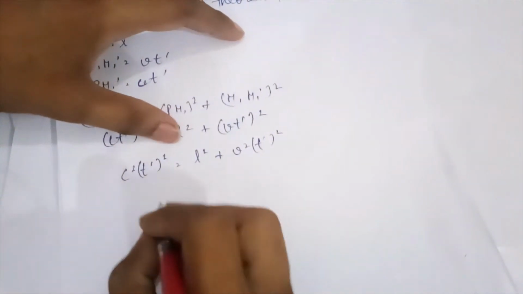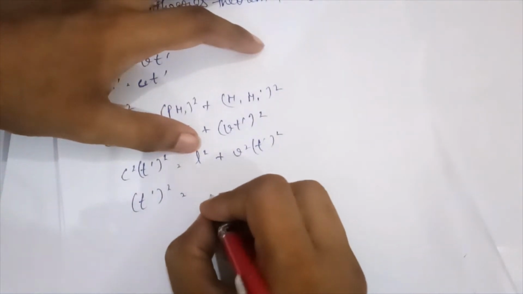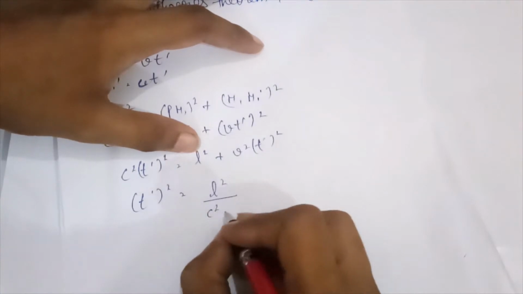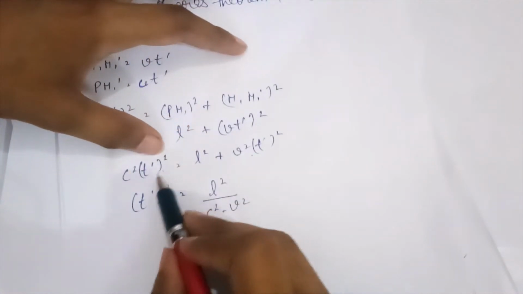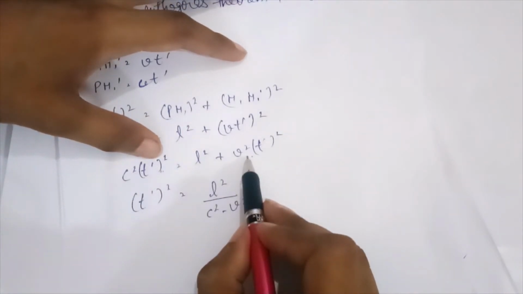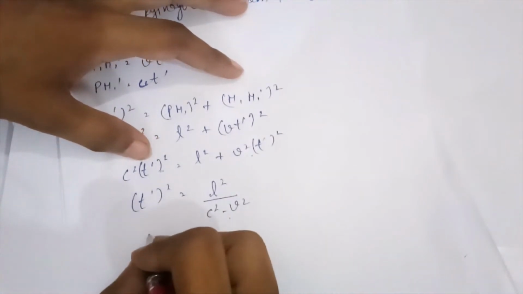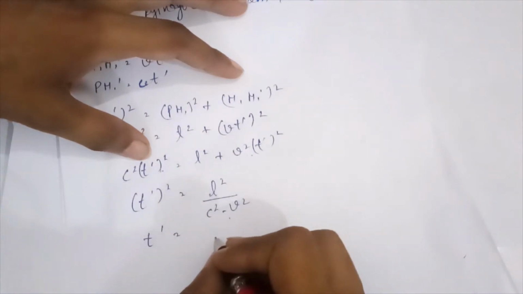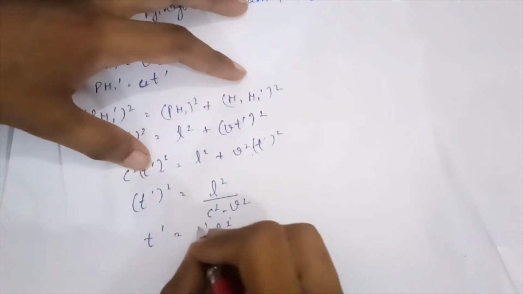Now taking T dash square common, we get L square upon c square minus v square, because this moves to the right hand side and it becomes, when we take T dash square common, c square minus v square, which comes in the divisor of L square. Now T dash equals under root L square upon c square minus v square.